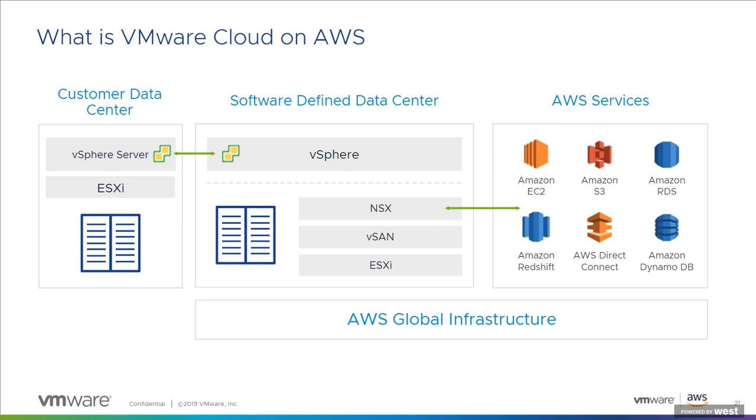So, for example, you might have a vCenter on-prem, which can then be linked through hybrid linked mode through to your vCenter server that exists within VMware Cloud and AWS. But if you want to have native AWS services being utilized by your VMs, you've also got that option as well. Okay, so you have your workloads on-prem, you have your workloads inside VMC, and you might want to take advantage of some of the native AWS services.